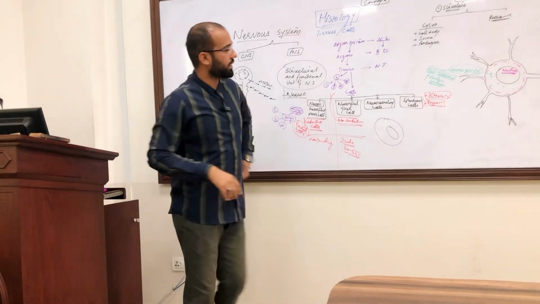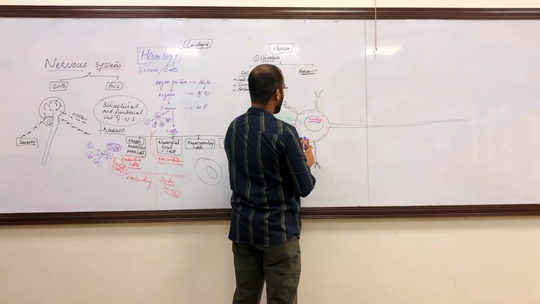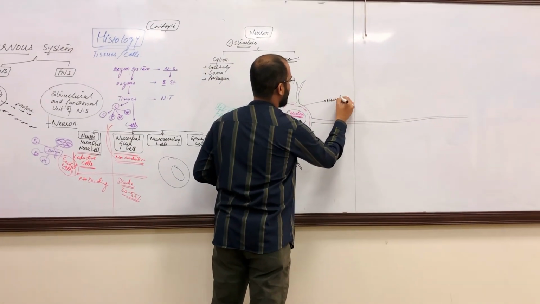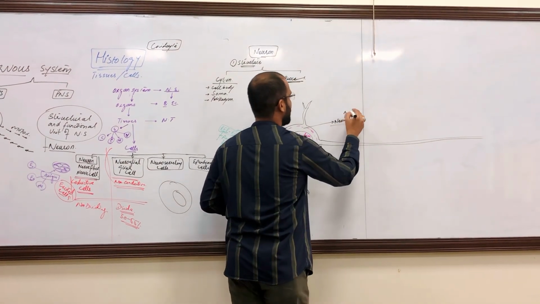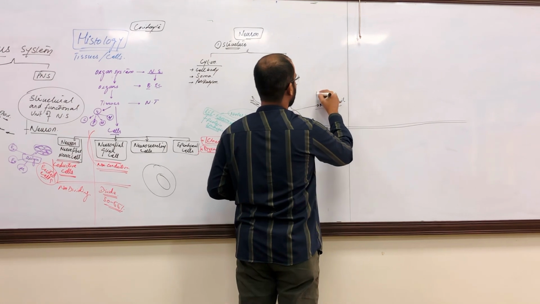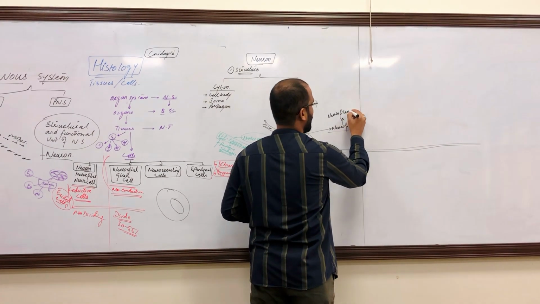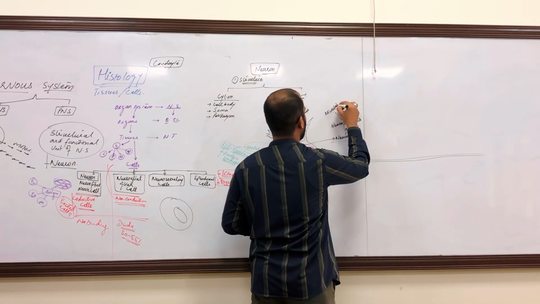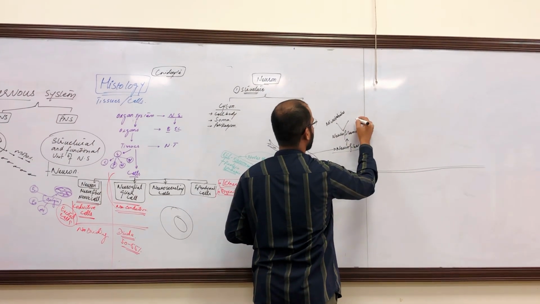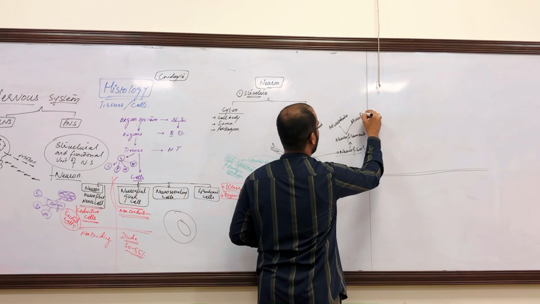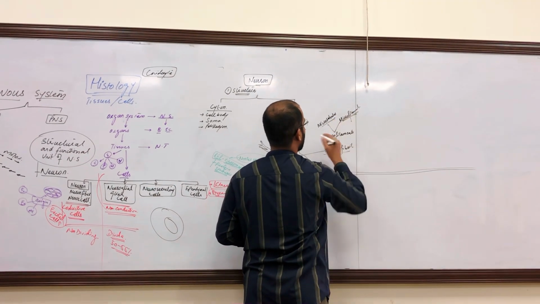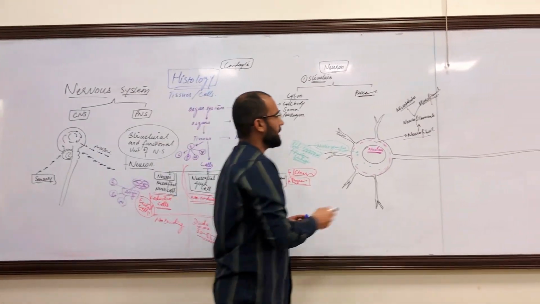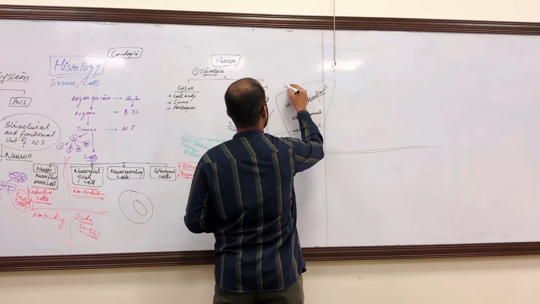The cytoskeleton component in the neuron we call neurofibrils. Neurofibrils are majorly constituted by neurofilaments, and we have two kinds of major filaments: microtubules and microfilaments, actin and myosin, that is, tubulin proteins and actin proteins, isn't it?